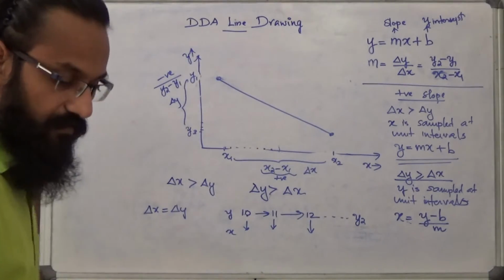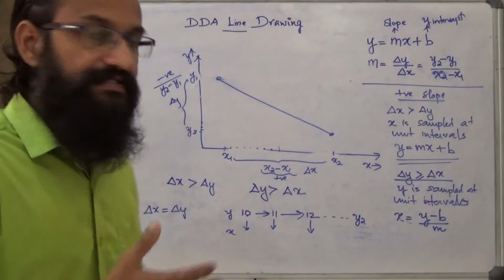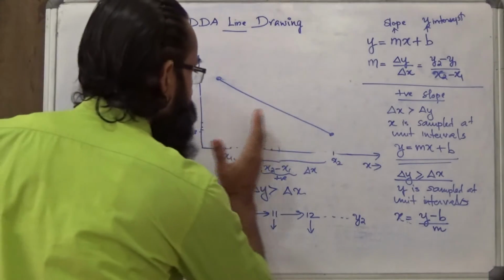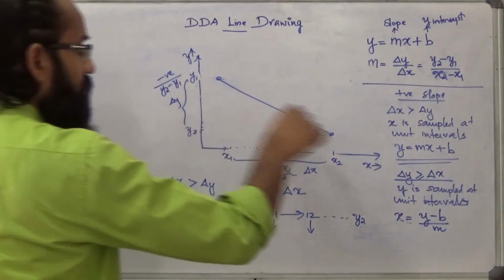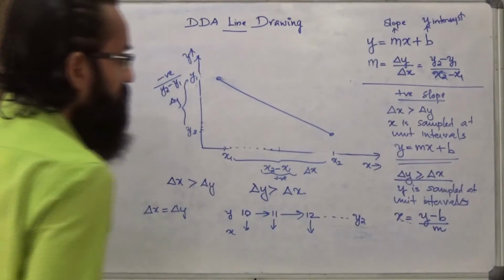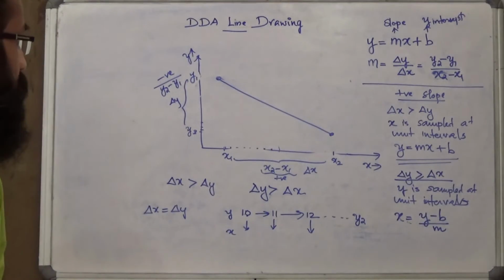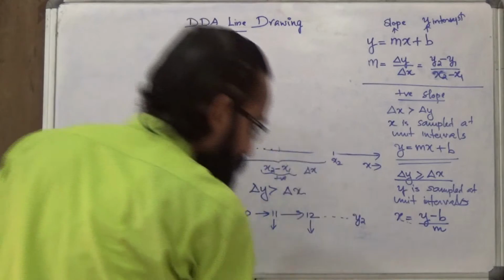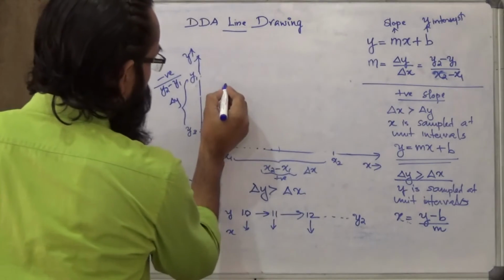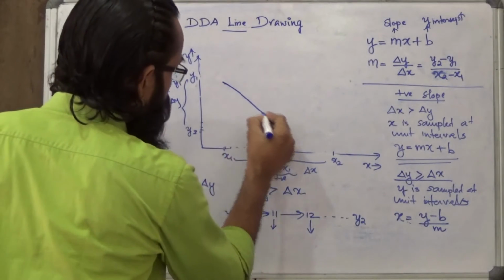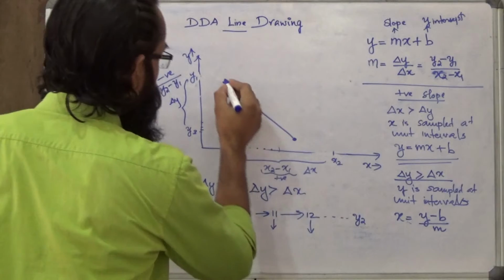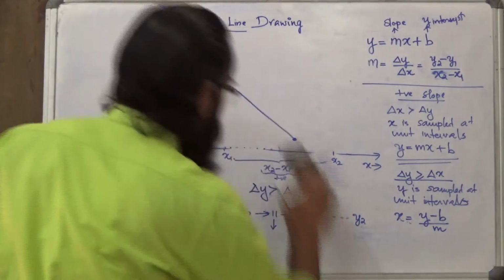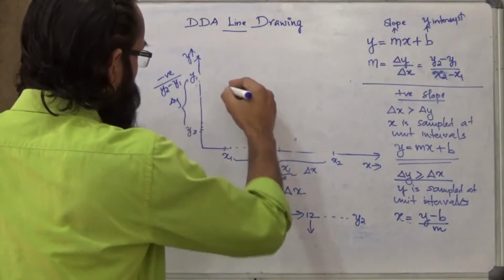So you can follow the strategy: sample x at unit intervals and determine the corresponding y value using the slope intercept equation. So what happens if you are considering a line with slope like this? You can consider this particular line.